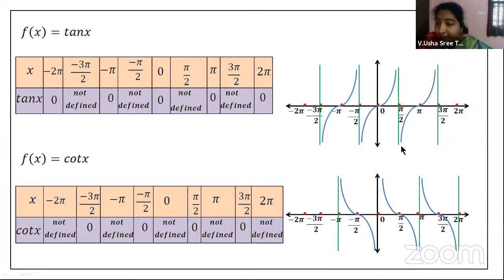Now the same pattern is repeated exactly after 180 degrees. Observe this. After every 180 degrees, you are getting a pattern in this form. That means the period of tan x is 180 degrees, right? After every 180 degrees, the tan function is taking the same values that you are getting for the previous 180 degrees. Okay, so the period of the function tan is 180.